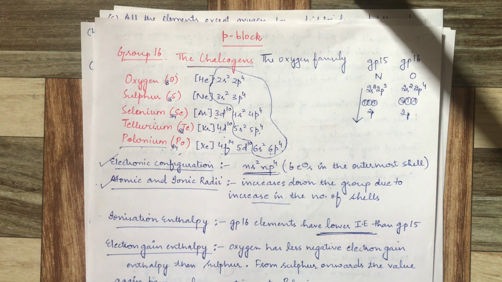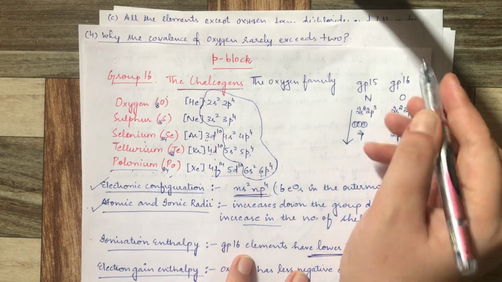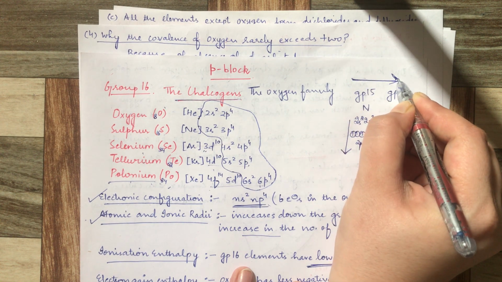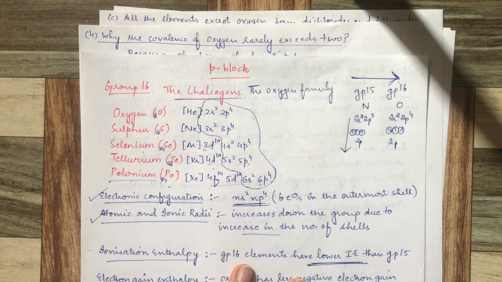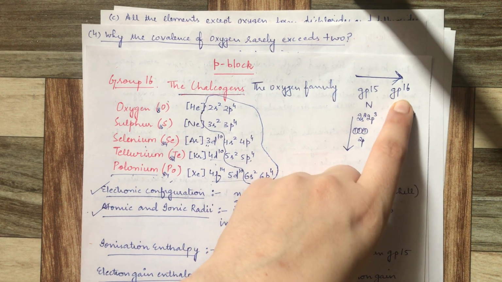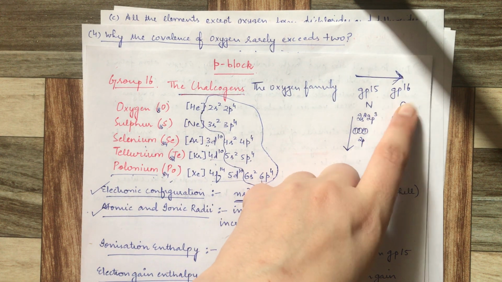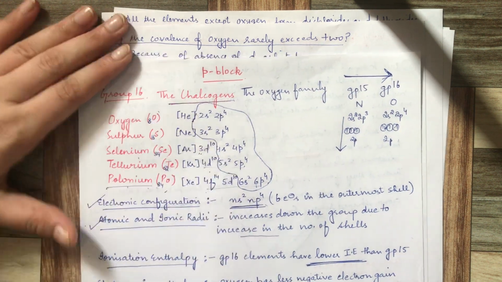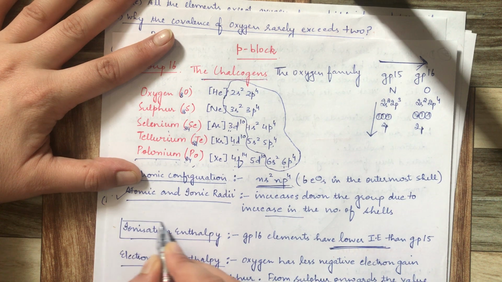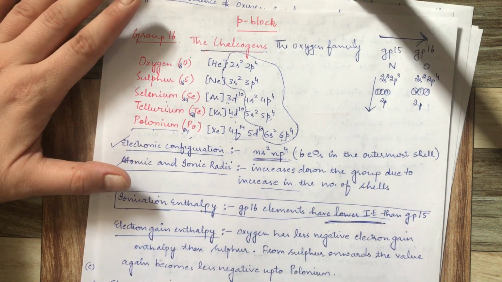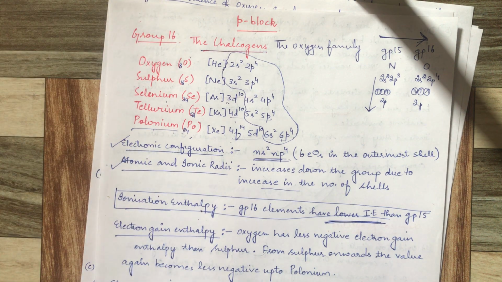This is against the trend. What do we see in general? As we move along a period, the ionization enthalpy increases. So according to the trend, group 16 ionization enthalpy should be higher than group 15, but it is an exception. You have to pay attention to this point, that group 16 elements have lower ionization enthalpy because it is an exception, against the trend.